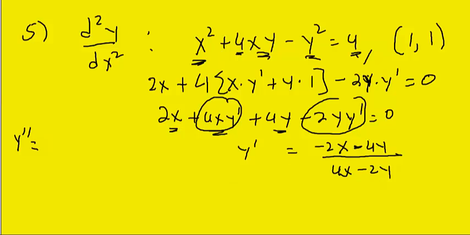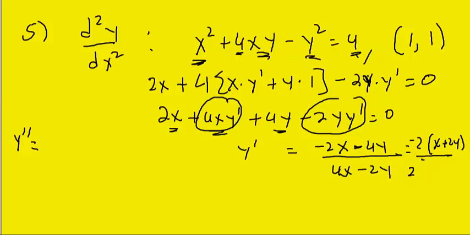Okay, what rule do I? Oh, you know what? Can I factor out something and clean this up a little bit? I can factor out negative 2. Let's go ahead and take out a negative 2. Just make my life a little bit easier. Okay, that's going to give me x plus 2y, and all that over.